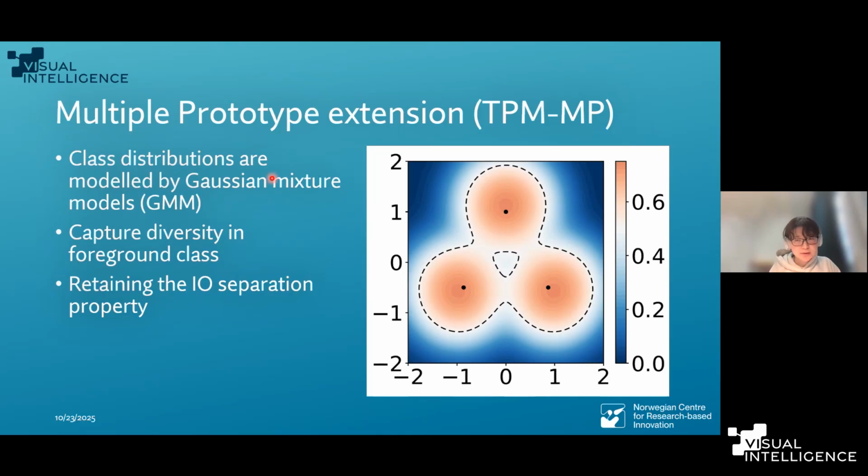One extension is to use multiple foreground prototypes. This can be achieved by using a Gaussian mixture model for the foreground class and using the same prototype for the background class. So this enables capturing diversity in the foreground class.